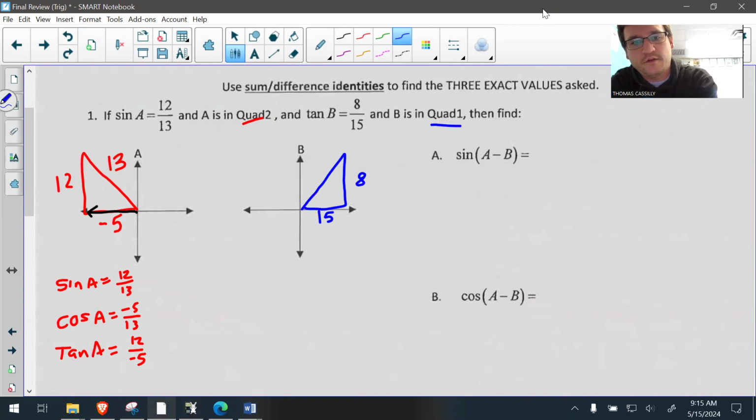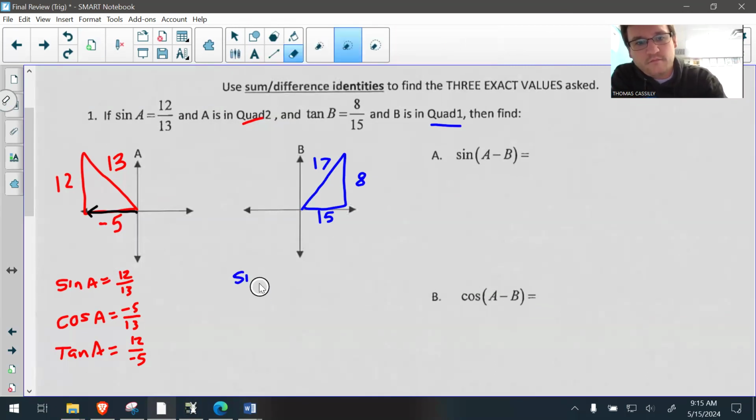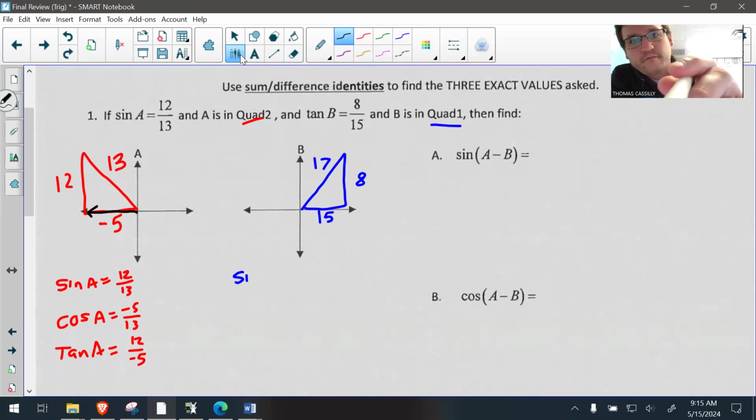All right, so our hypotenuse here is 17. All right, so the sine of angle B. All right, this is our angle B right here. There's your sine of B. And again, this one here is your A right there.